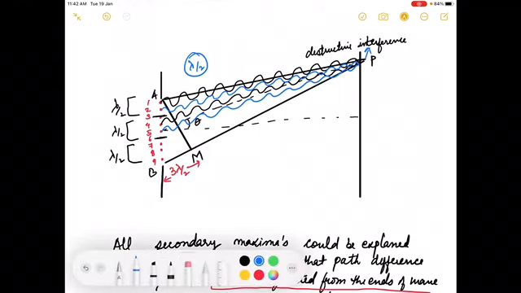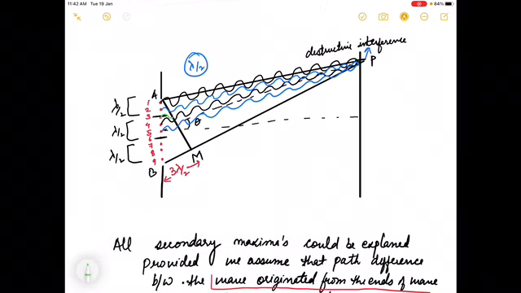Okay, next let's move forward. From the third the wave will travel, and after third, from the sixth the wave will travel, right? Again the path difference is lambda by 2, and destructive interference will happen and they will destroy each other, right?